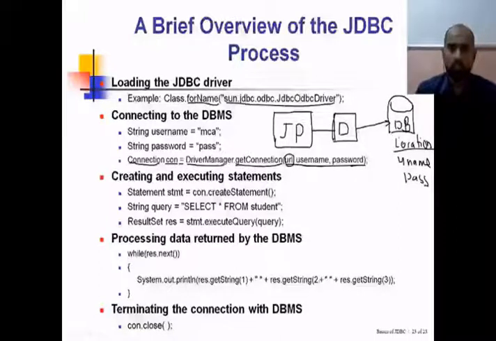It means DriverManager returns a reference of the connection which has been established, and that reference is stored in con. All further activities on the backend database will be carried out by using this con object. Now we have established a connection with the backend database.